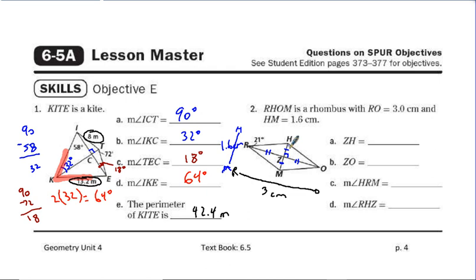So HZ is half of HM, and therefore 1 6/10 divided by 2 is going to be 8/10 centimeters. And ZO is half of the diagonal RO, and that would be 1 5/10 centimeters.